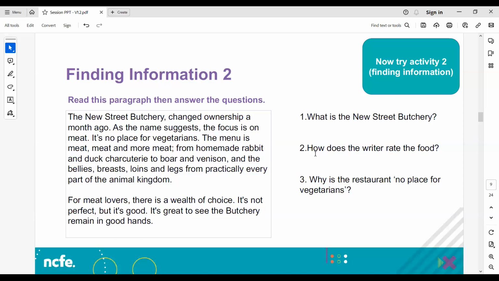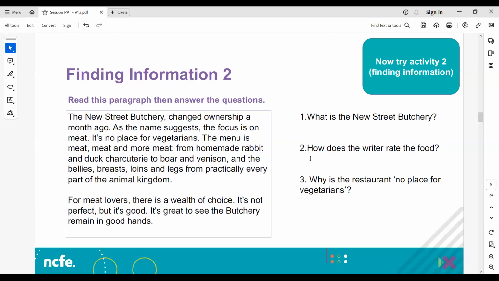It's a restaurant full of wealth of choices. Good. Though it's not perfect, but it is good. Excellent. So yes, you could write exactly what you just said, or you could write something like the writer enjoyed the food. The writer thinks the food is good. He says it's not perfect, but it's good. That shows that he enjoyed the food because he says it's good.